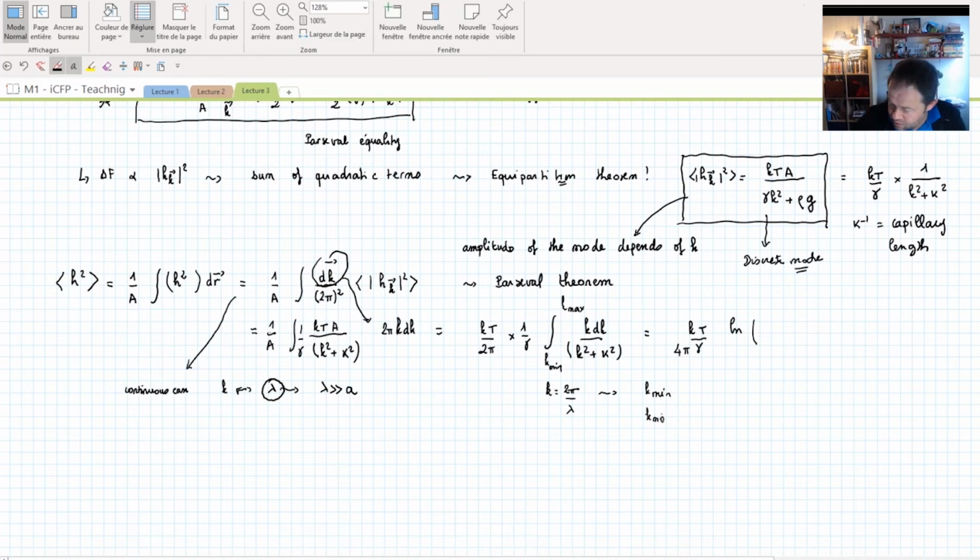So what are the two wave vectors that we will put here? So what is kmax?